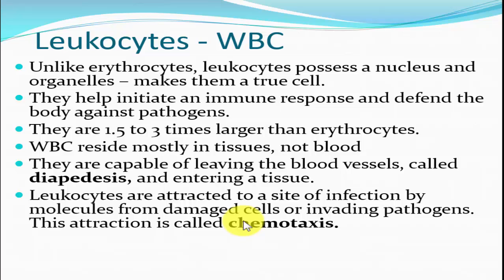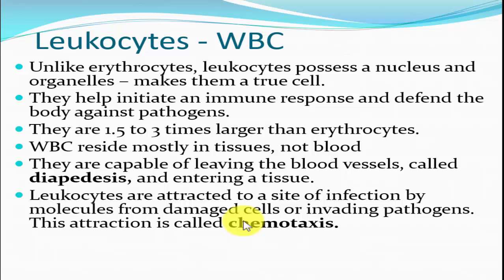Okay, so what is happening is that whenever a pathogen or infection is in the body, the leukocytes will leave the blood vessels and enter the tissue, or leave the tissue and enter the blood vessels, wherever they are called to do. So think about this kind of like the military.